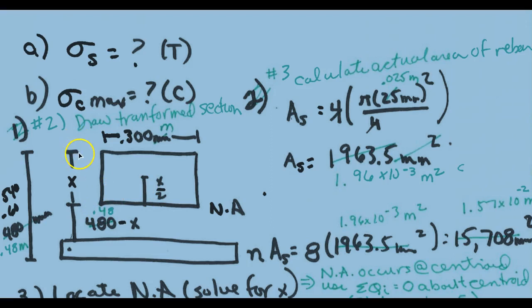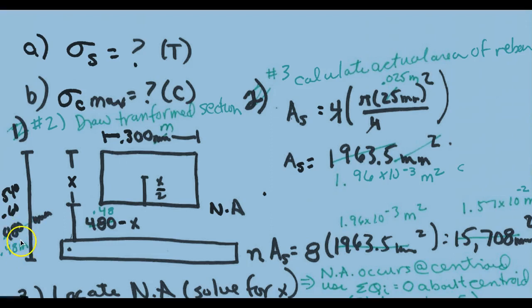Now, because the entire height of the concrete is 540 millimeters, but the center of the rebar is 60 millimeters off the bottom, the effective height of the transformed section is going to be the actual height, 540, minus the distance between the bottom and the centers of the steel.